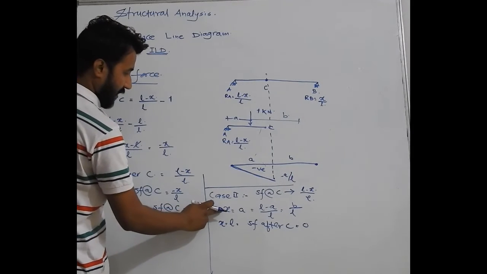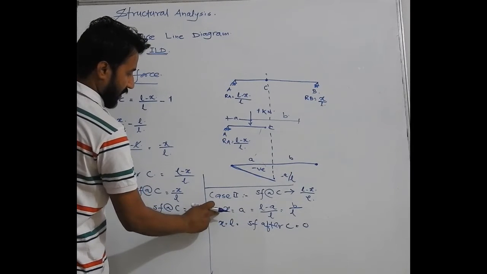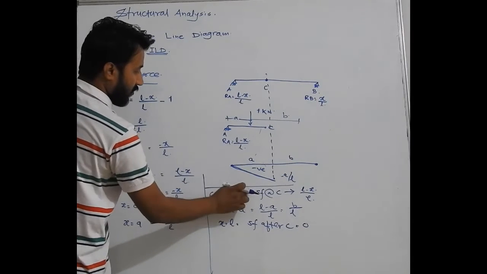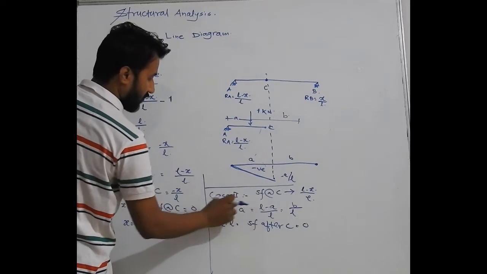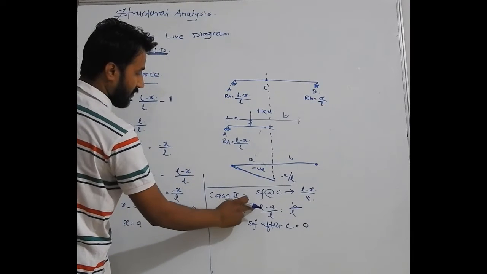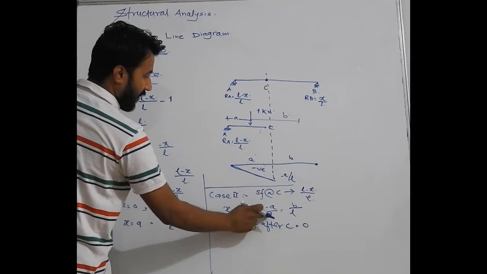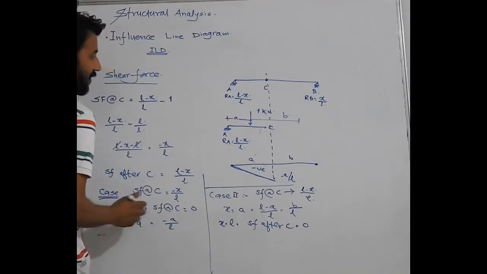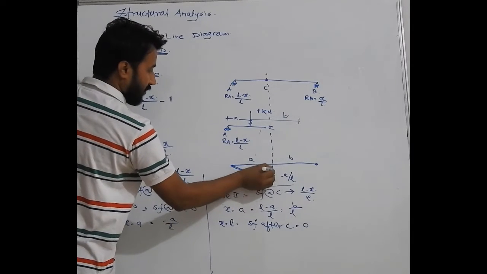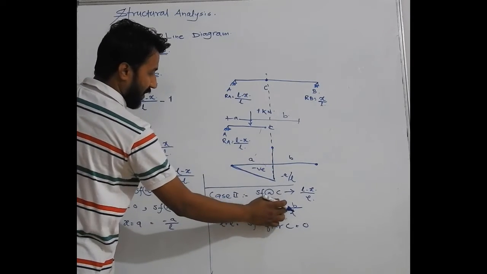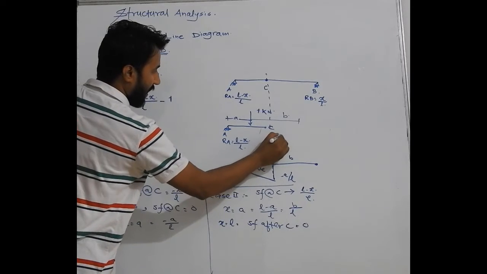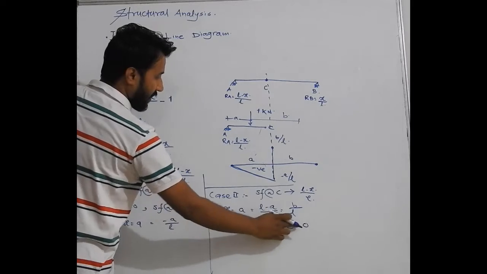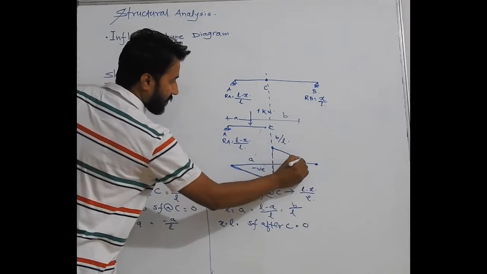Now for case 2, when the load is moving after C, the shear force will be equal to L minus A divided by L, that is B by L, at X equal to A. We will take this point above the line because it is a plus sign, so it equals B by L, and at X equal to L, shear force is 0, so we mark this as 0.